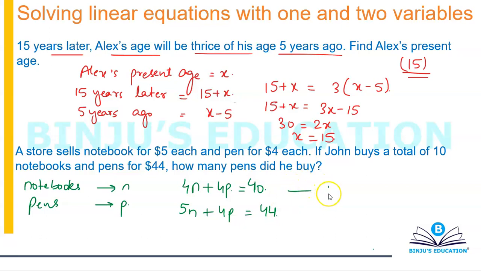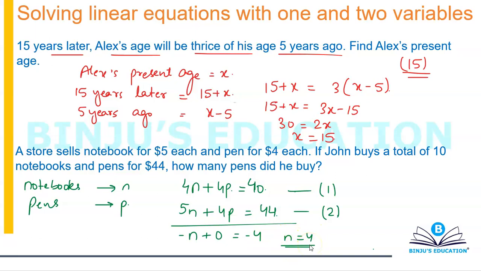So this is your first equation, this is your second equation. I'm going to subtract the second equation from the first one. So 4n minus 5n is minus n, 4p minus 4p is 0, 40 minus 44 is minus 4. So you're going to get n is equal to 4.